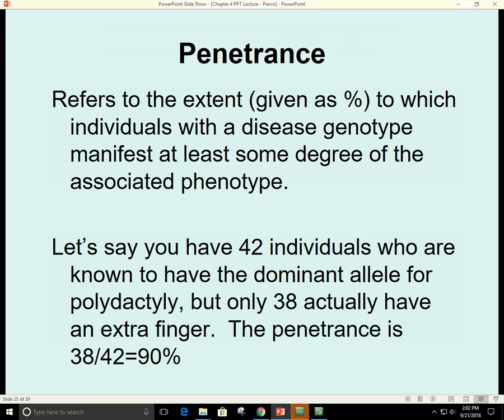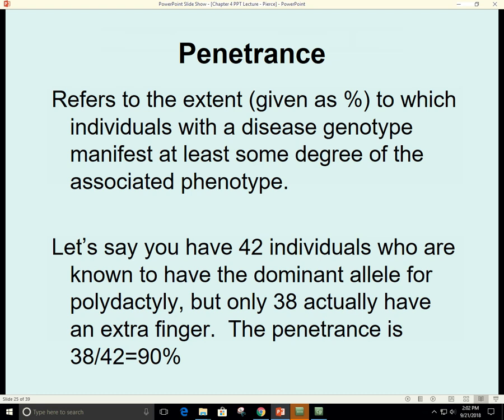Now, you're not asked to explain how that's possible. Penetrance is literally just an expression of the phenomenon that some of the individuals don't have the phenotype. But the number you would use is the number of individuals who have the phenotype divided by the number that have the genotype. So in this example, 38 over 42 is a 90% penetrance.